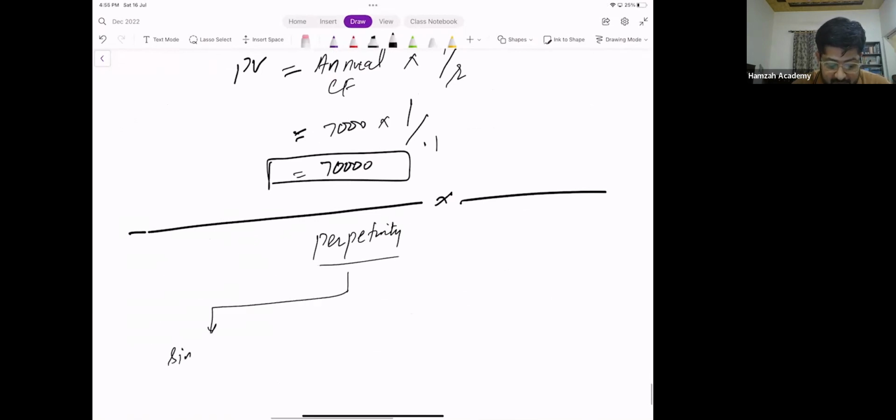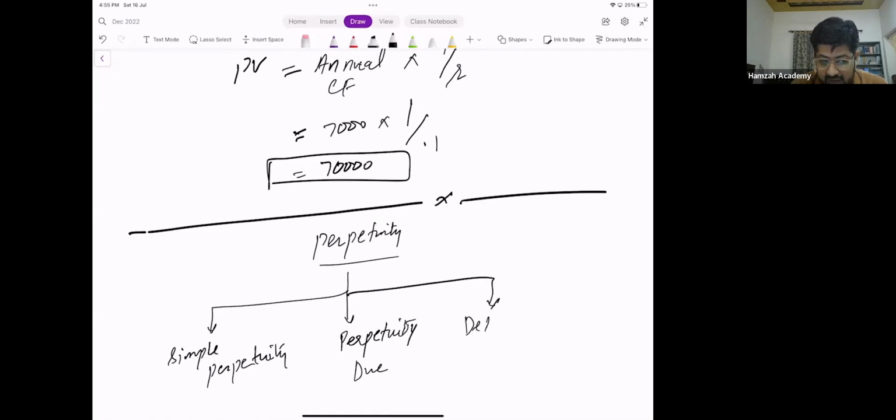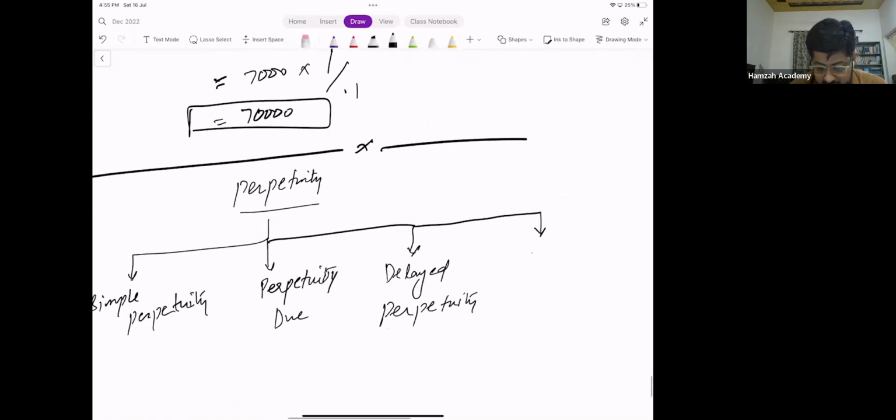One is called simple perpetuity, then perpetuity due, delayed perpetuity, and perpetuity with growth.